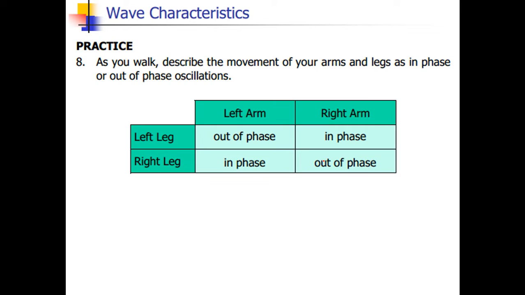Notice that when you walk, if your right leg is moving forward, chances are your left arm is also swinging forward. It reminds me of Mario when he used to do those jumps. He would always jump with the left arm out and right knee up.